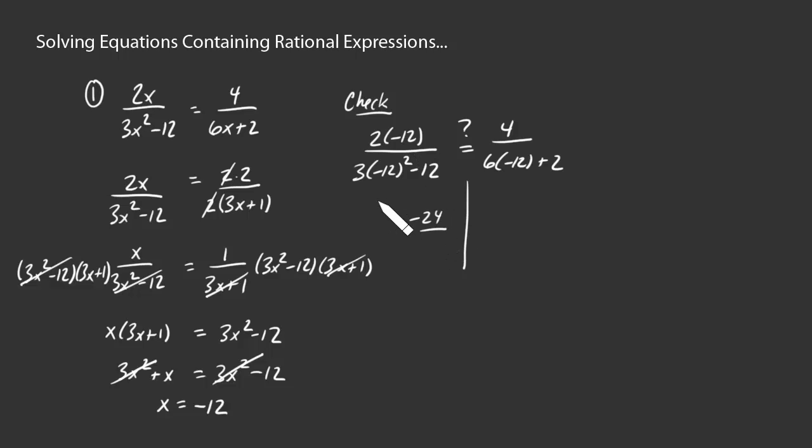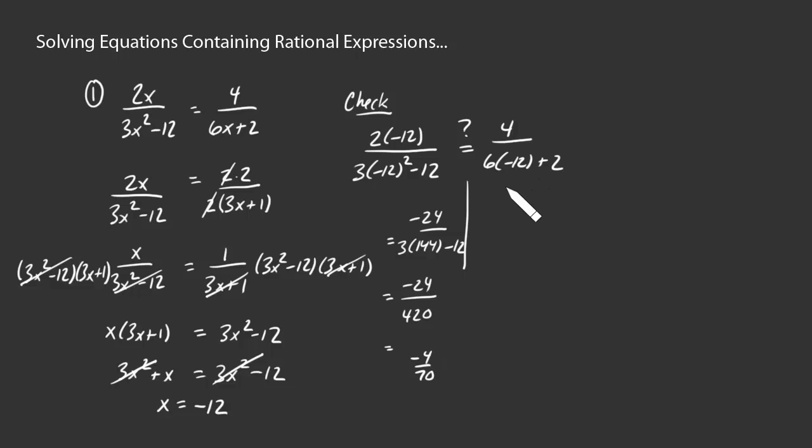Down below, we get 3 times 144 minus 12. Let's see, that's going to be negative 24 over 420 if we crank that out. And they're both even. In fact, they share a few factors there. That reduces down to negative 4 over 70.